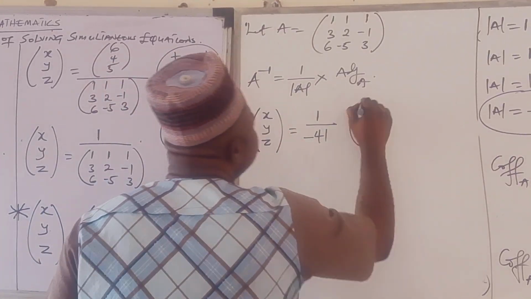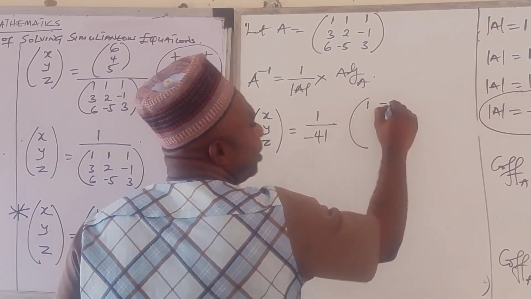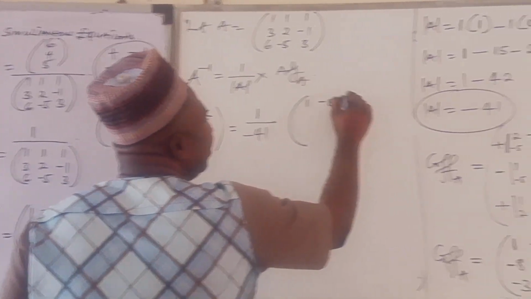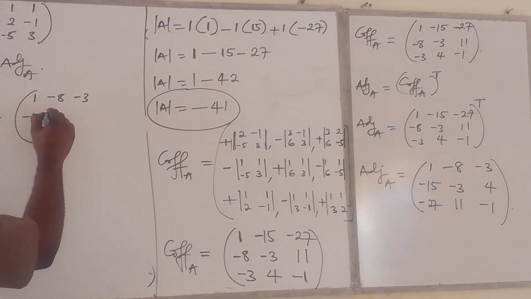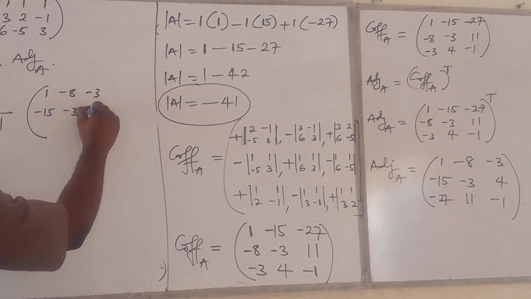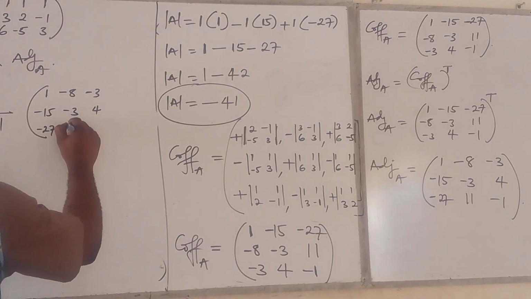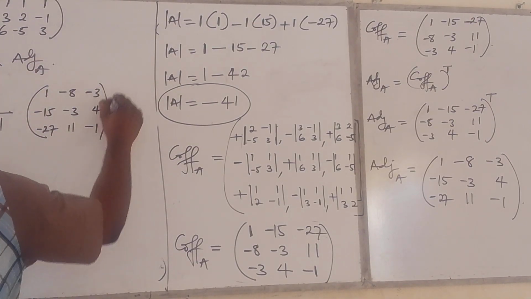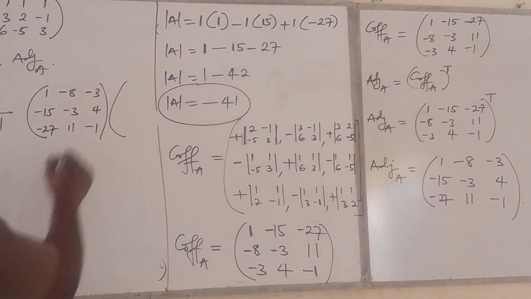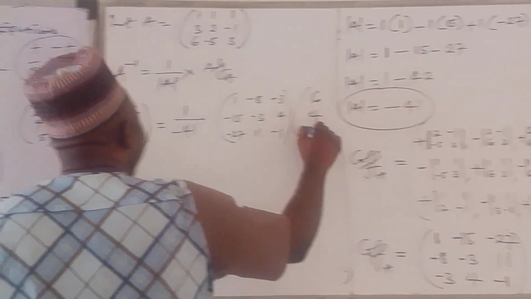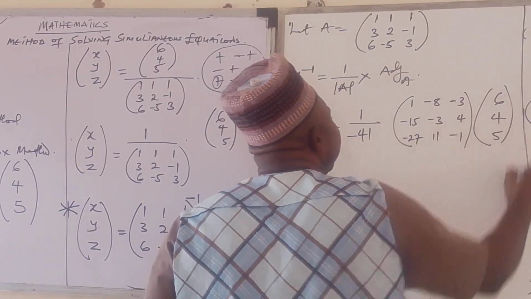Now the adjoint is 1, minus 8, minus 3, minus 15, minus 3, 4, minus 27, 11 and minus 1. Yes, this is the inverse. Then times, we have 6, 4, and 5.